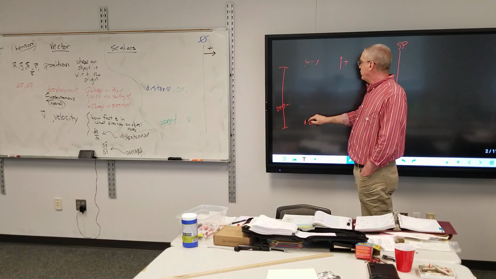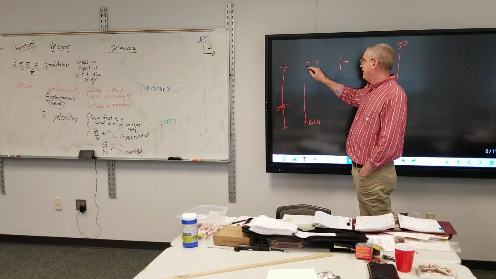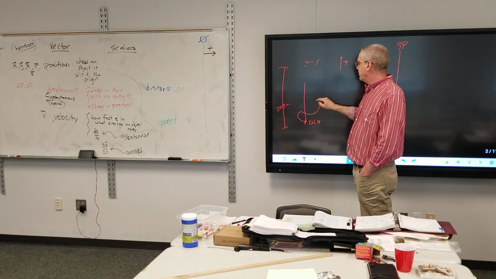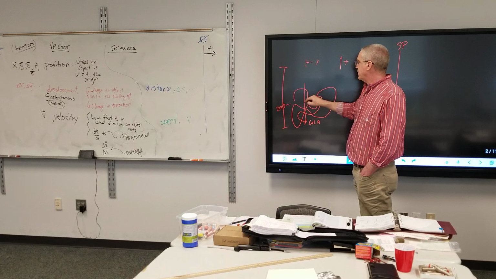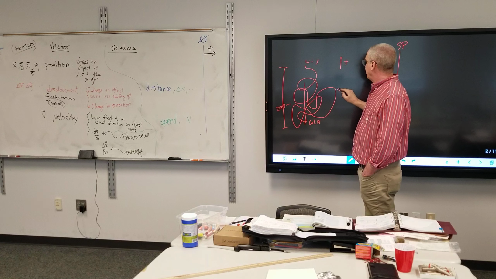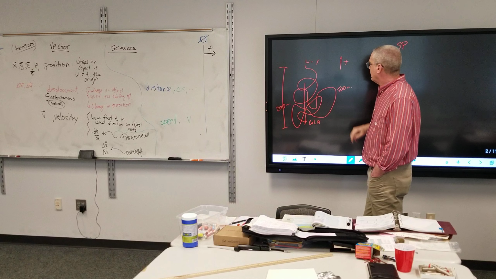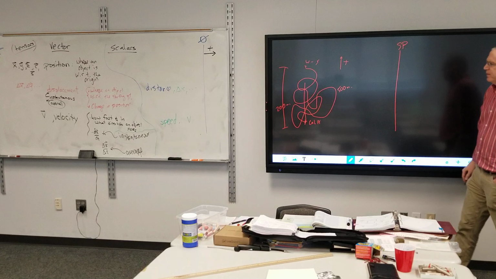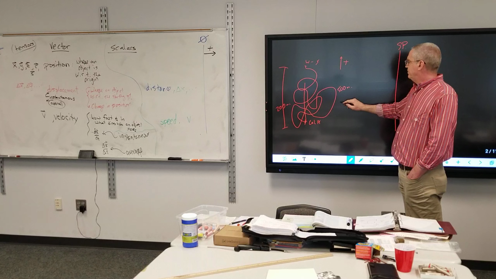So again, I have my trip where I just go straight there, and I end up there relative to where I started. Then I've got the scenic route where I went 500 miles, and let's say it takes 10 hours. A 10-hour trip.